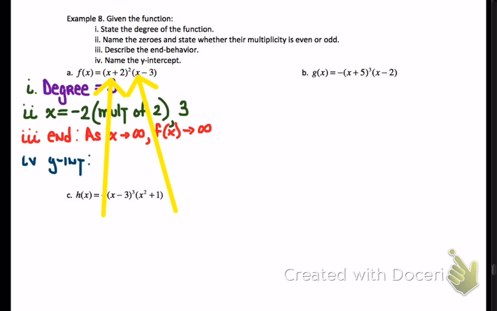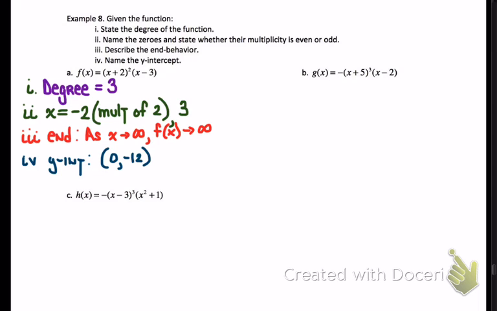Every single time in completely factored form, you just plug in 0 for x. So think, if I plug in 0 here, 0 plus 2 is 2. 2 squared is 4. If I plug in 0 here, 0 minus 3 is -3. 4 times -3 is how I got that (0, -12). Notice I said x had to be 0. Therefore, the y is -12.